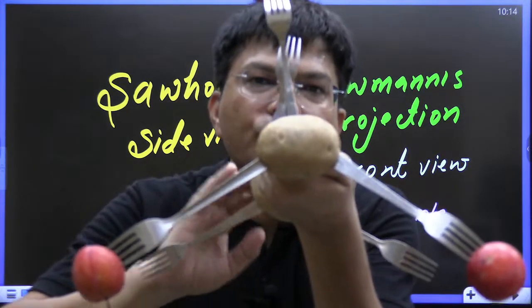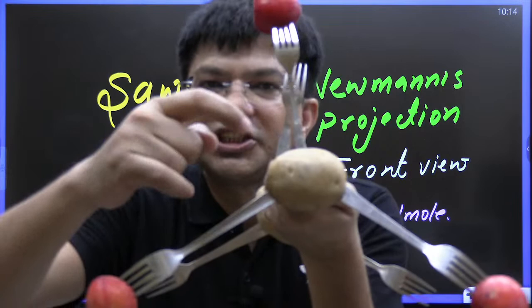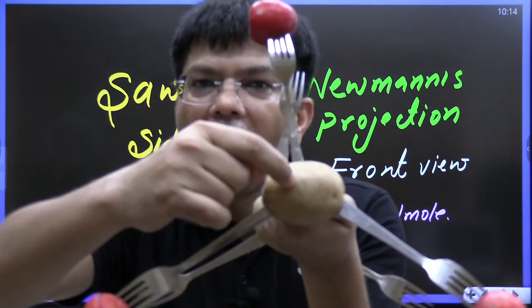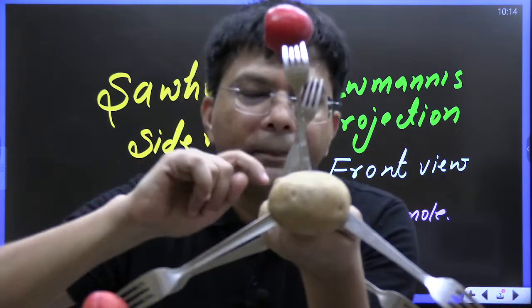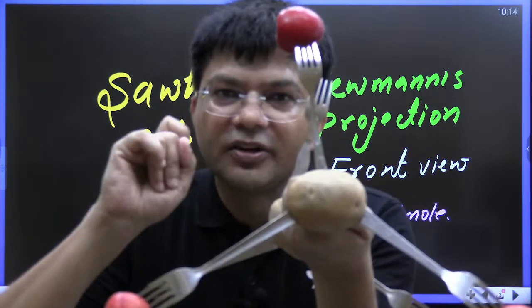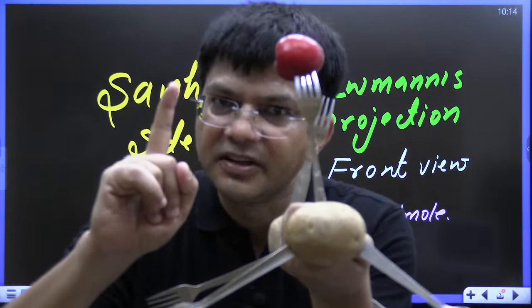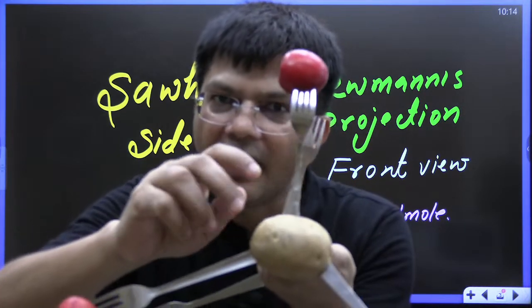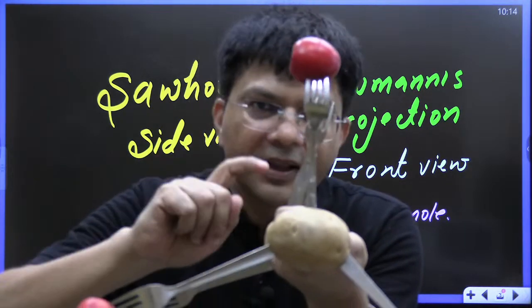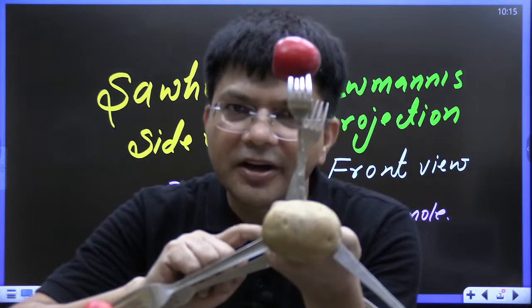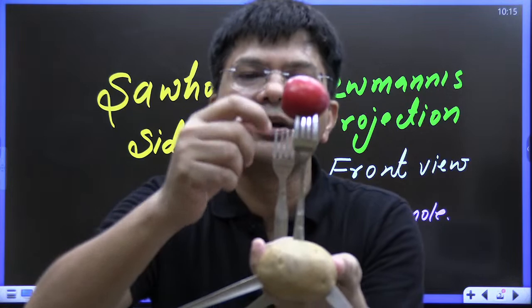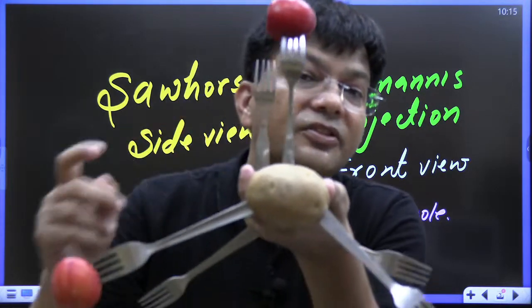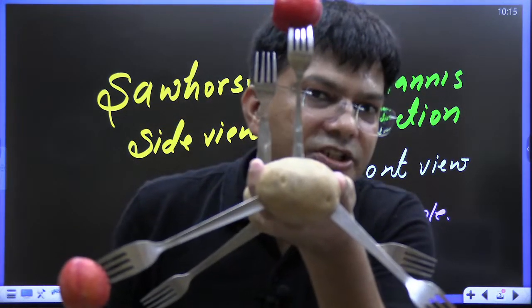So whenever I draw Newman's projection, the front carbon I will draw with the dot, and the back carbon I will draw with the circle, and the front hydrogen is just eclipsing with the back hydrogen. This is known as eclipsed configuration.